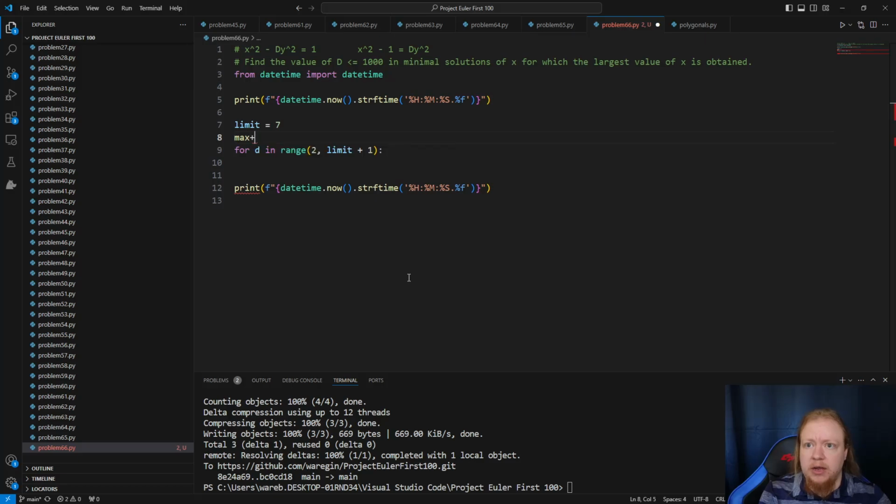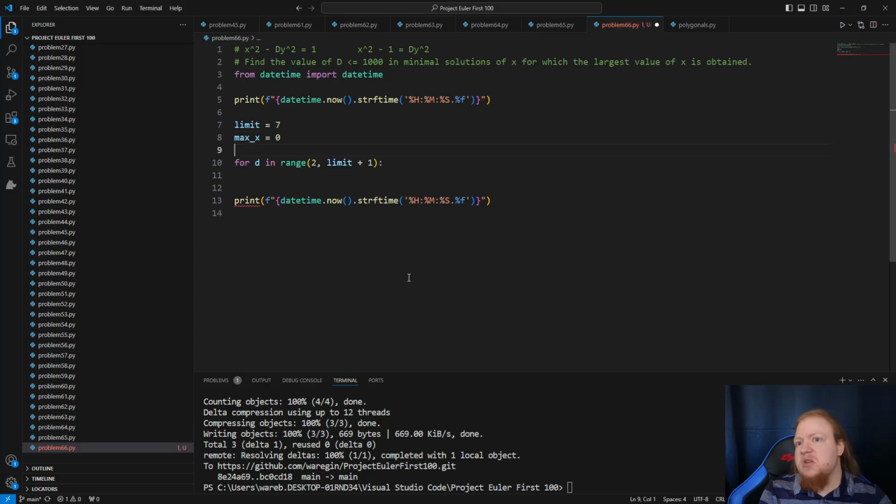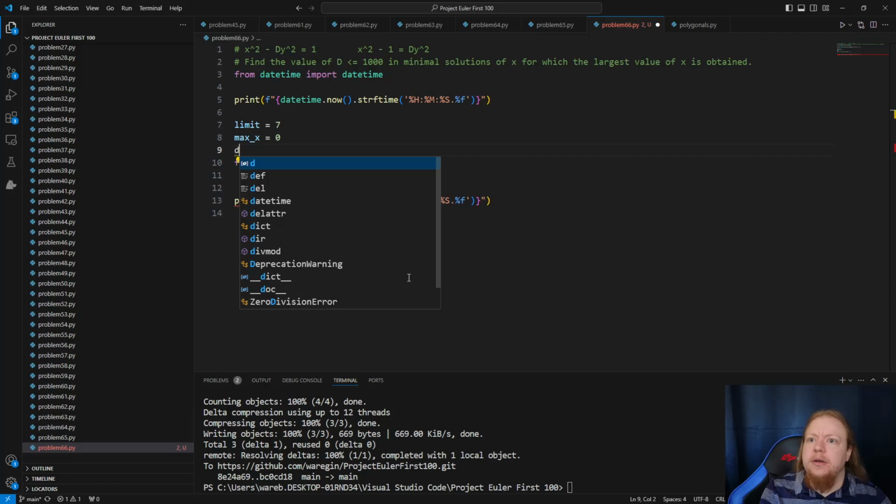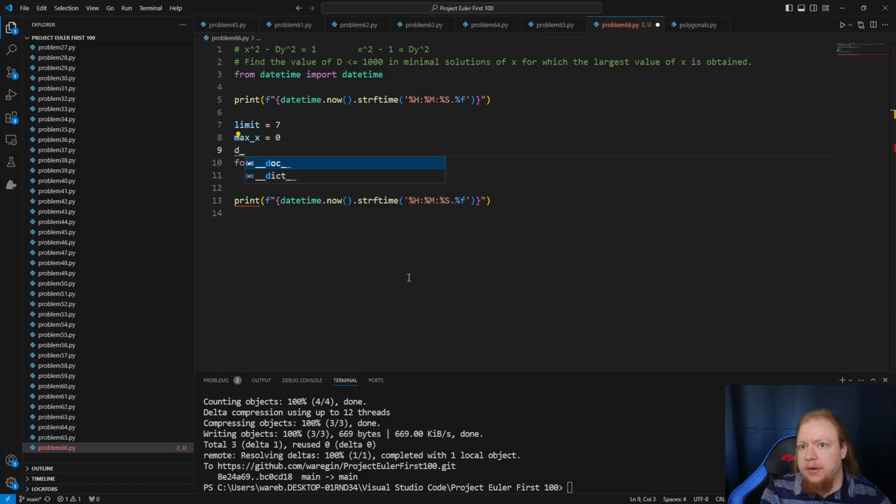And then we're going to have a max x, which is equal to, I'm going to start it at 0. And for d for max x, I'm also going to set that to 0 to begin with, because it doesn't matter. And what is our little algorithm going to be?